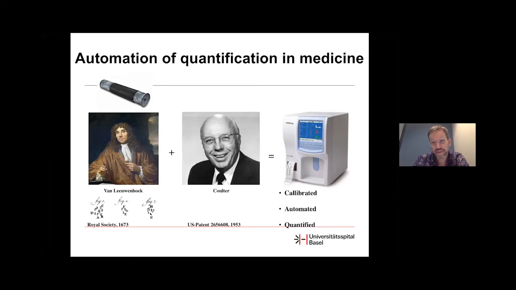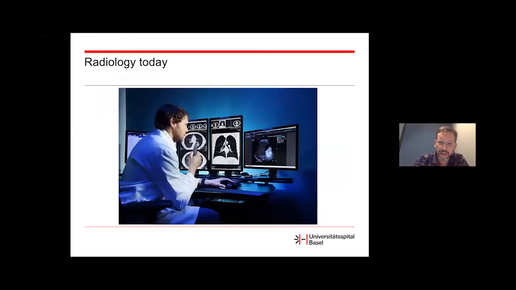I will try to explain why calibration of CT, which will be my main topic, that is the quality part, is so important, and how it's a prerequisite. Then still you have to think about automation, and then you can do quantification, also in large-scale research projects like SPHN.